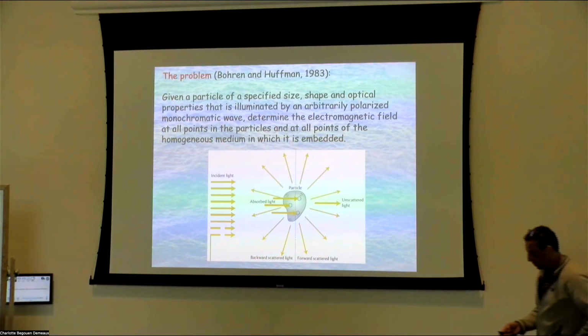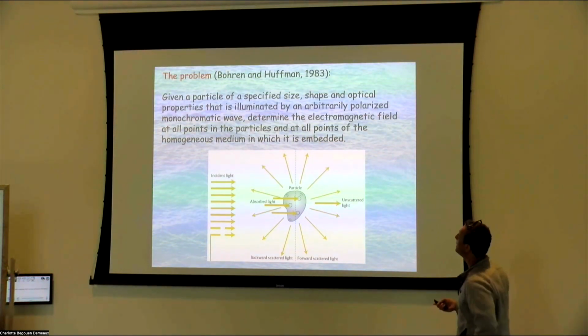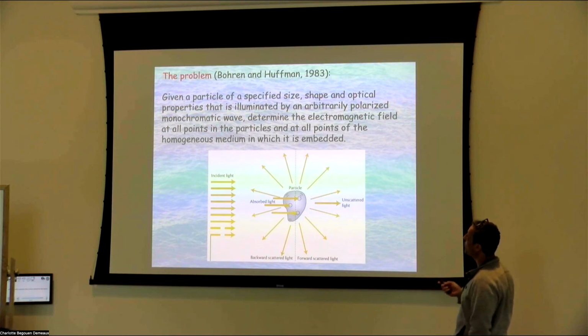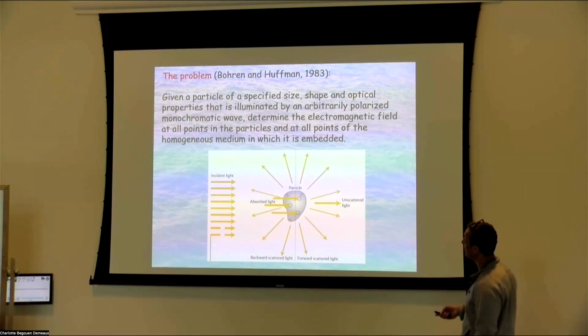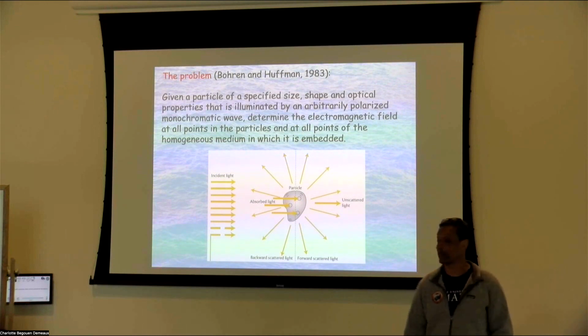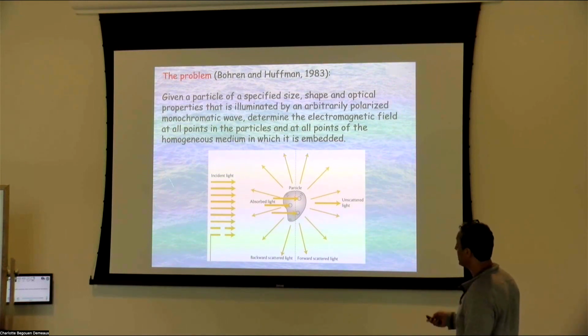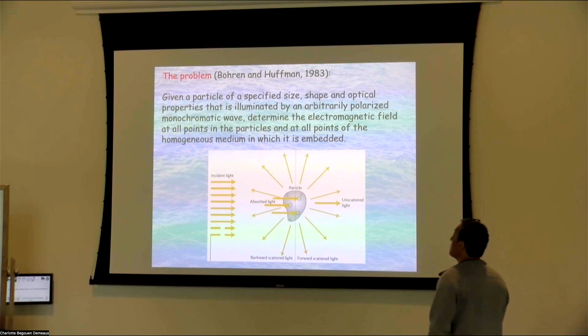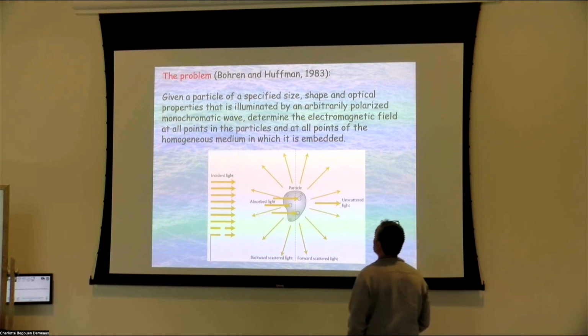Okay, so the forward problem, and that's from Bohren, is if you have a particle of given specified size, shape, and optical properties, that is illuminated by an arbitrary polarized monochromatic wave, determine what's going to be the electrical field everywhere around it. And this is where my detector is. If my detector is here or in that direction on the side, what am I likely to get?